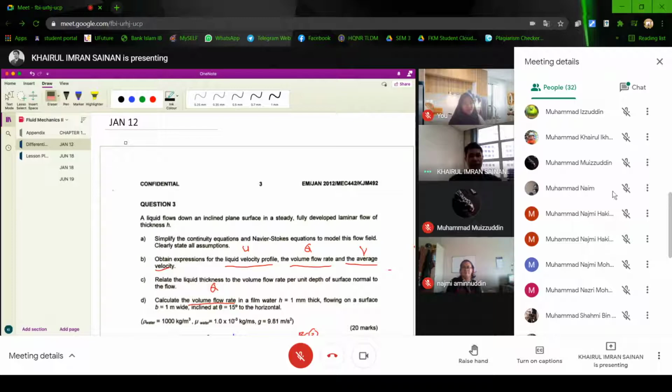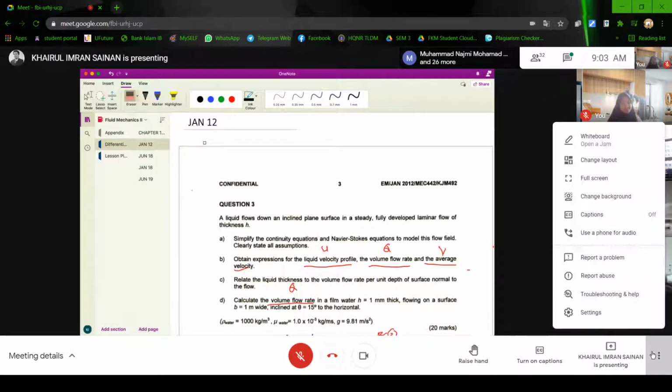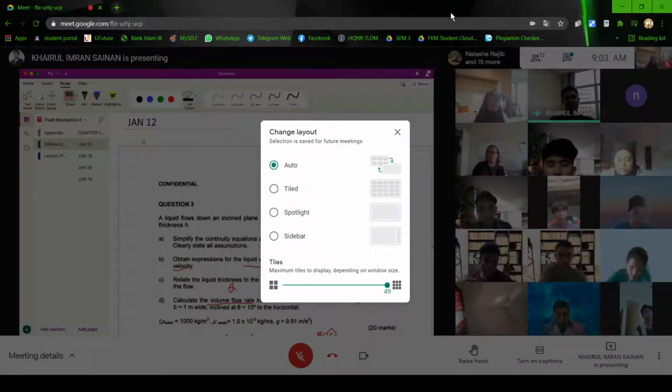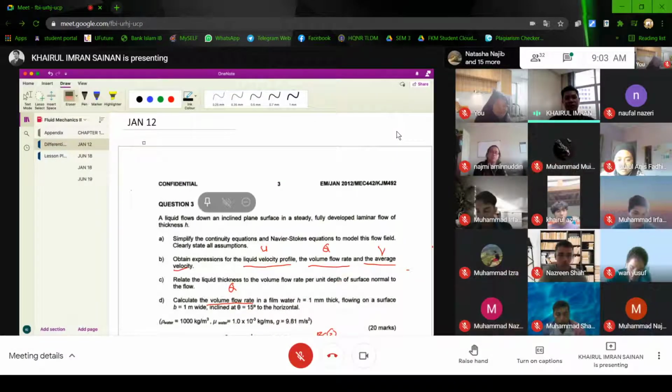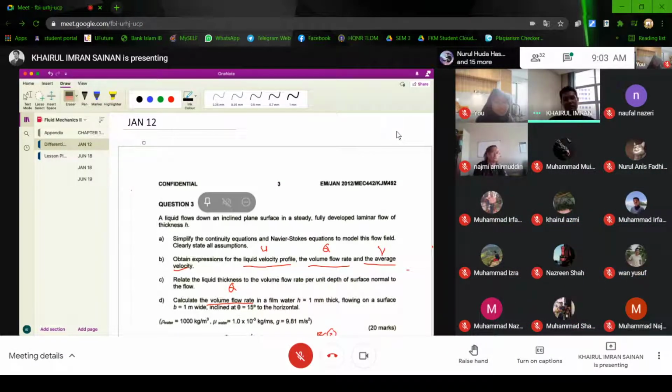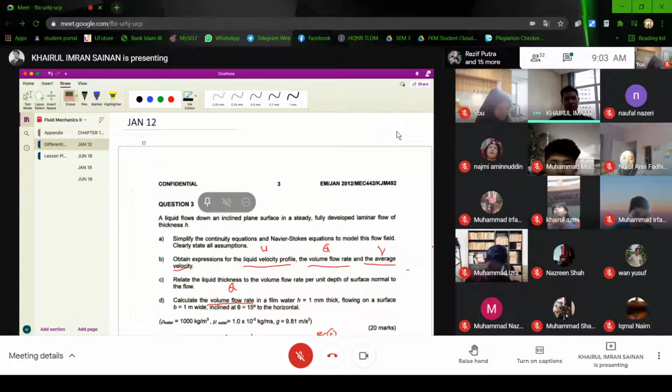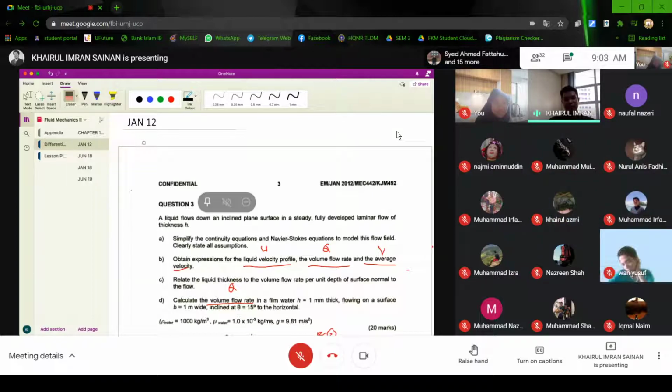Clear? This is important, because normally your seniors always replace the values, so in the end there are no marks. You are correct actually, but you don't get the expression, you only get the final answer. Almost 60% of them did it this way. So, good question.